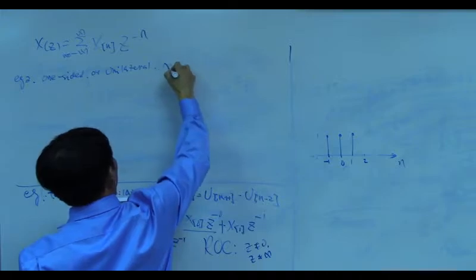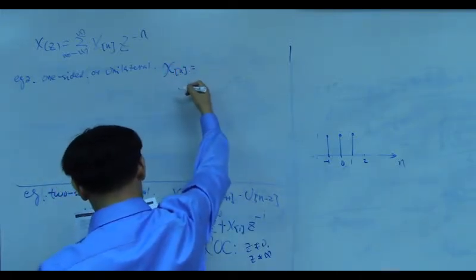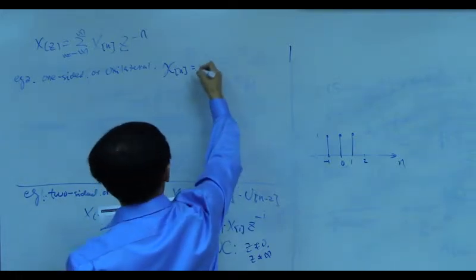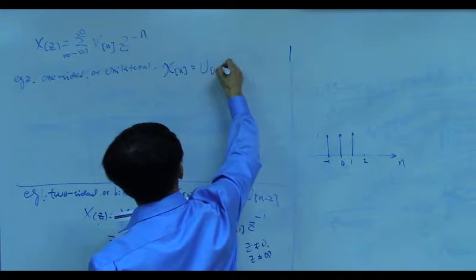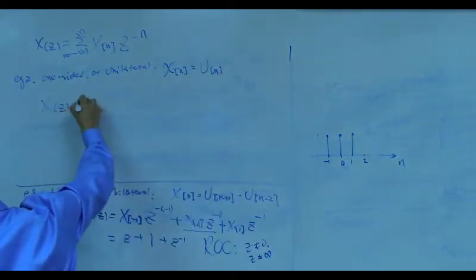x(n) equals u(n). Oh, that's easy. Now you calculate the X(z). What is this?